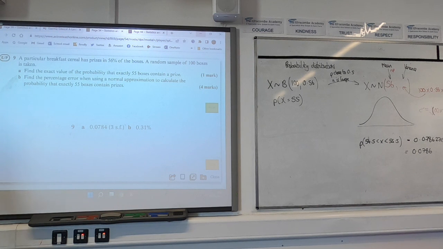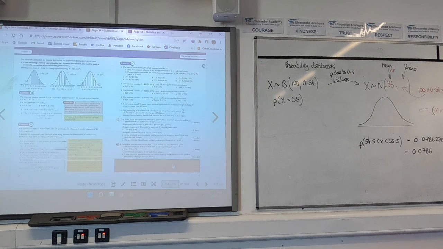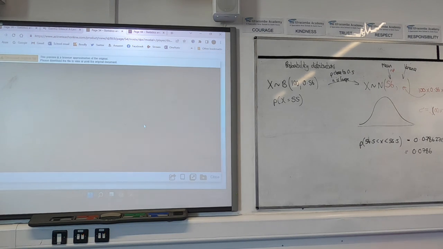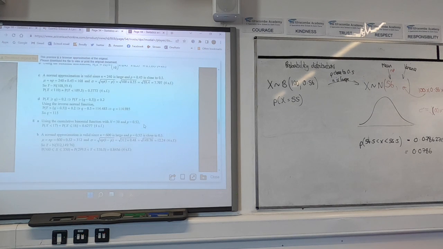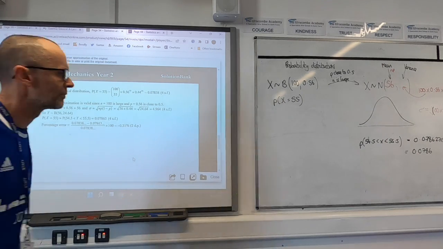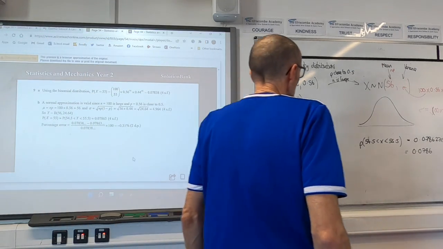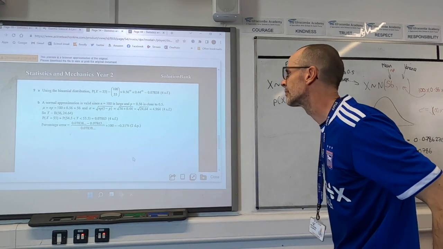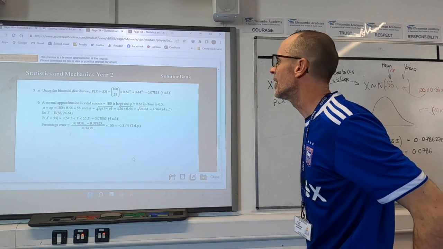What I might do is I didn't save it, I might go to the solution panel just so we've got the actual numbers. They've done it slightly differently.